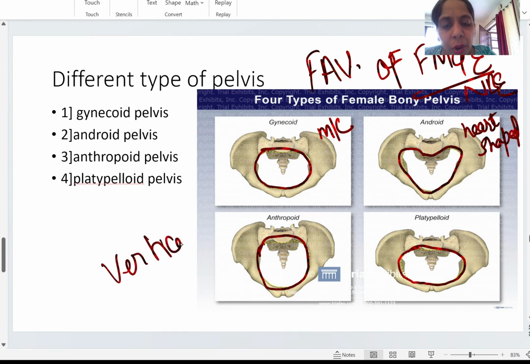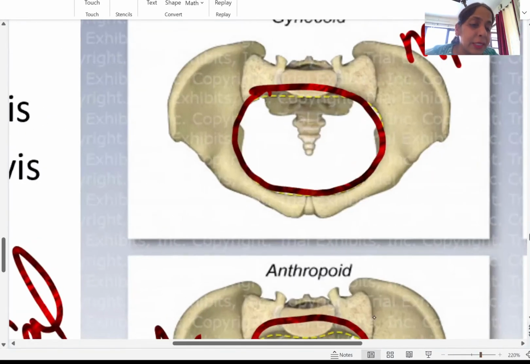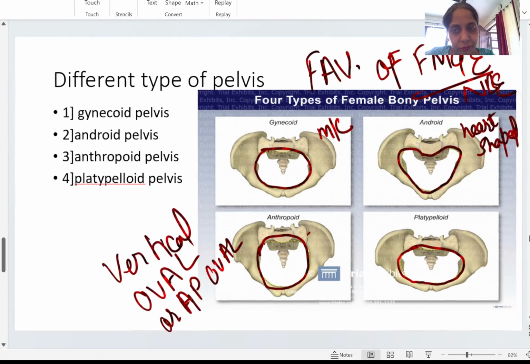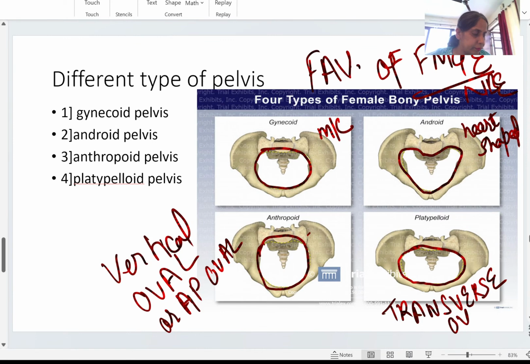This is a transverse oval or flat pelvis. Is it clear?